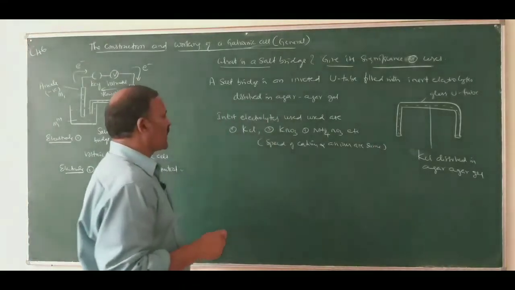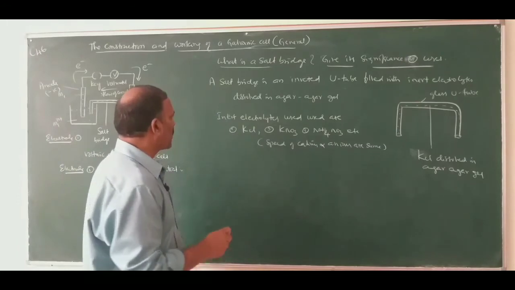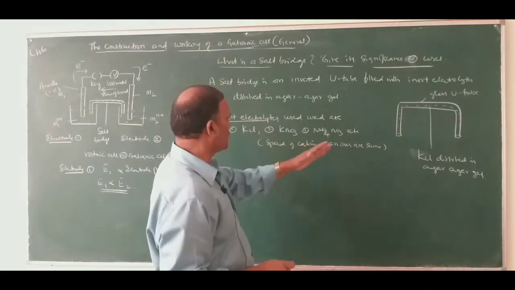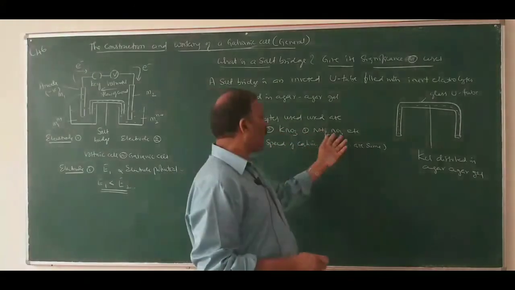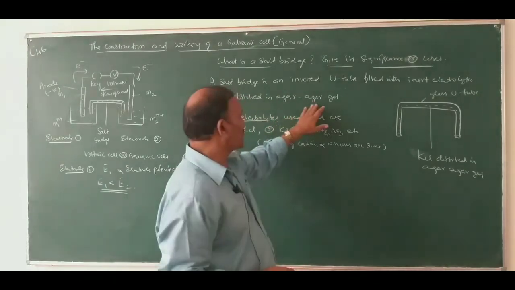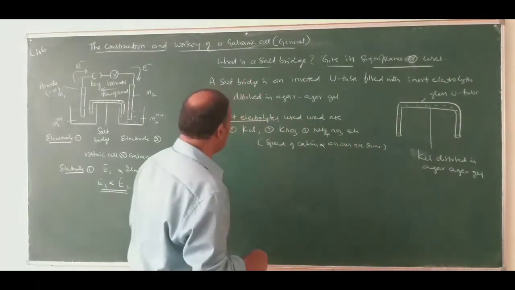So such electrolytes where the velocity of cations and anions are the same are called inert electrolytes. We can use either KCl or potassium nitrate or ammonium nitrate salt dissolved in agar-agar gel and filled in a U-tube to form a salt bridge.